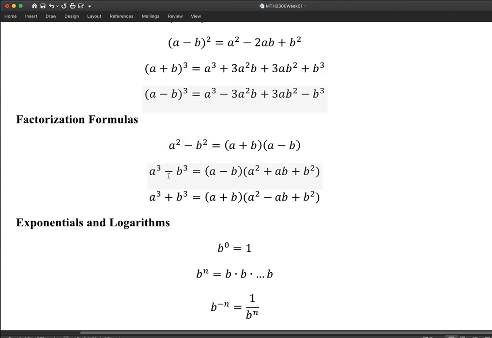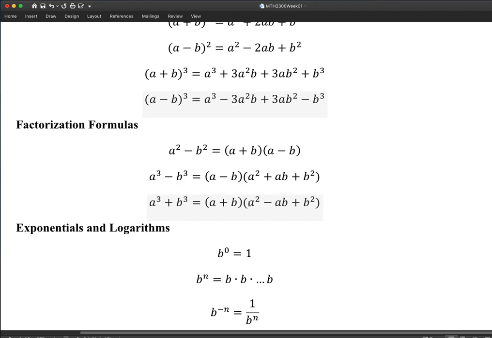The next one is the difference of cubes, which can be factored as the product of these two. The third factorization formula is the sum of two cubes, which can be factored as a plus b times a squared minus ab plus b squared.